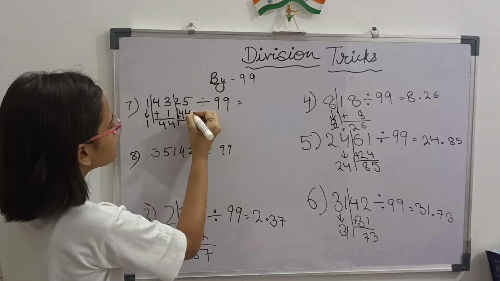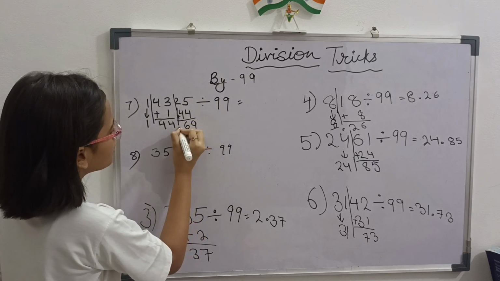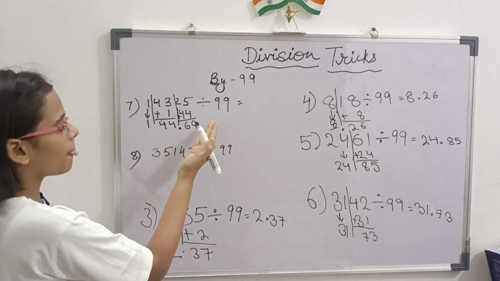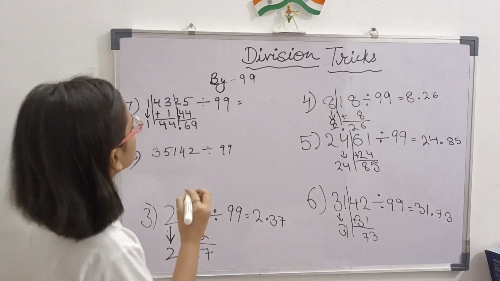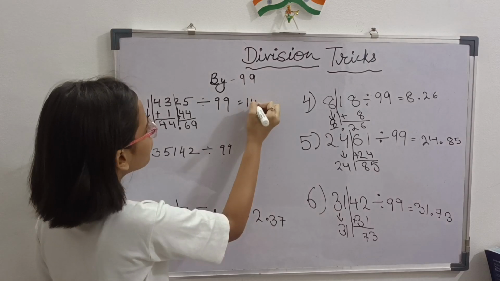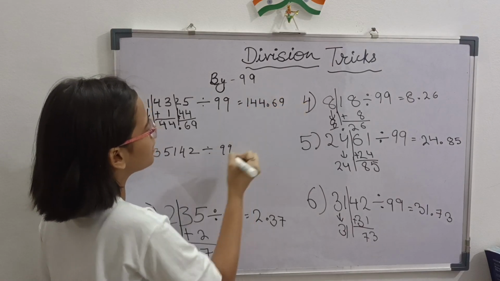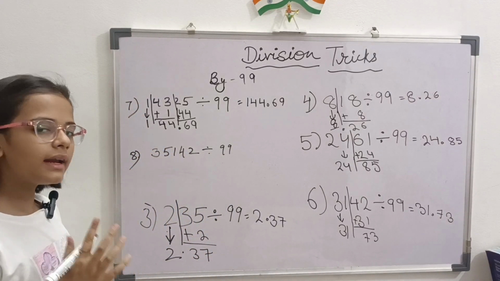Then we get 5 plus 4, 9, and 4 plus 2, 6. And we add a decimal after leaving two digits from the back because 99 is a two-digit number. So our answer is 144.69.